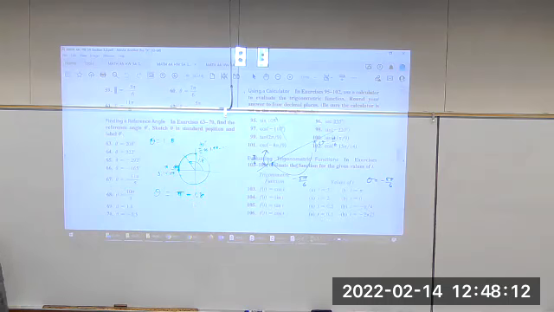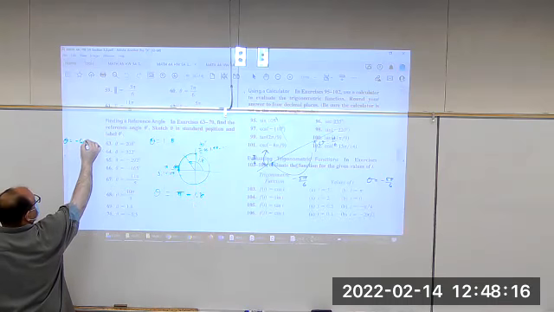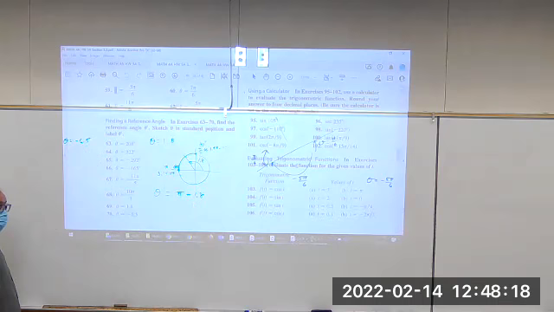For 70, if theta is negative 6.5 radians, what quadrant is that?